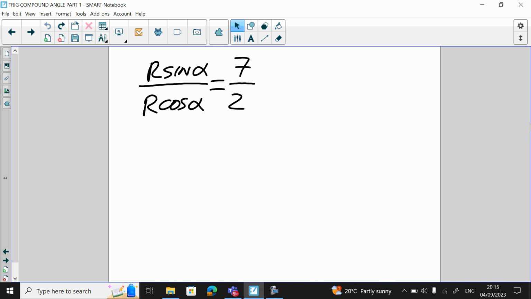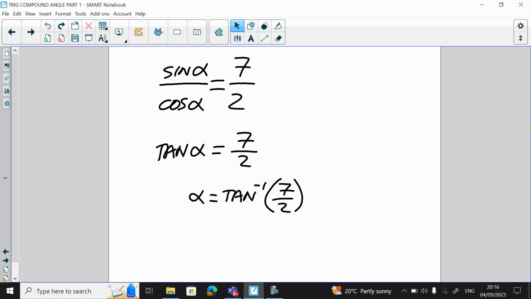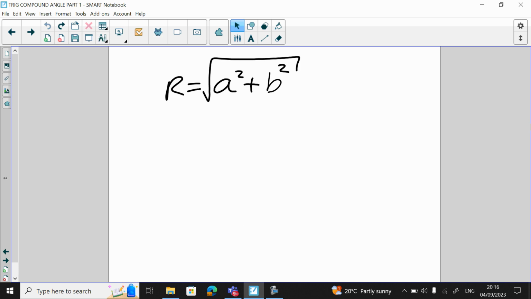Sine over cosine is tangent. Tangent equals 7 over 2. If you want to write it as 3.5, that's fine. I'm not going to. But let's isolate alpha. Opposite of tan is inverse tan. The calculator might say 74.1, whatever it says. That'll do us.